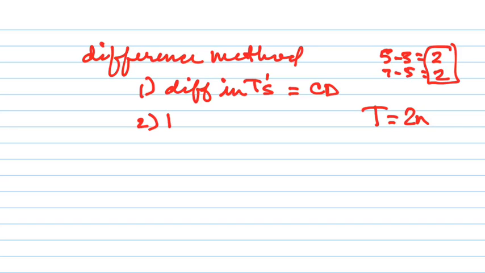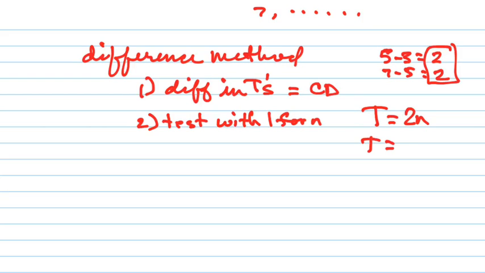Then, test. And when you test it, always test it with the number 1 for n, because it's the easiest one to use, and see if it fits your pattern. So say, for example, my pattern started with 7.